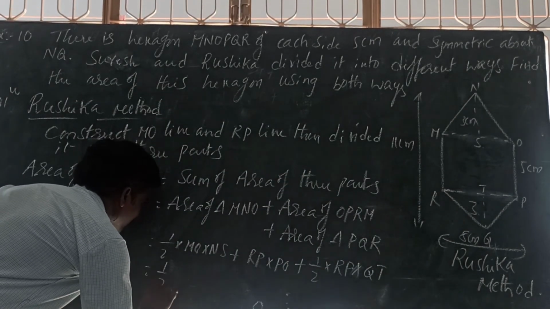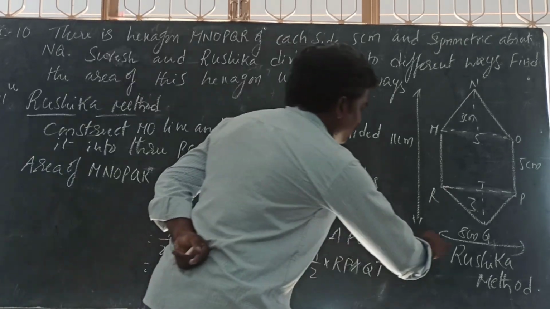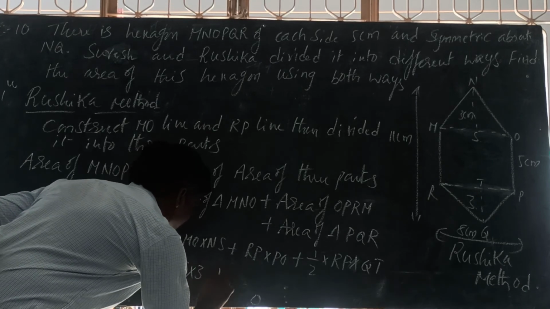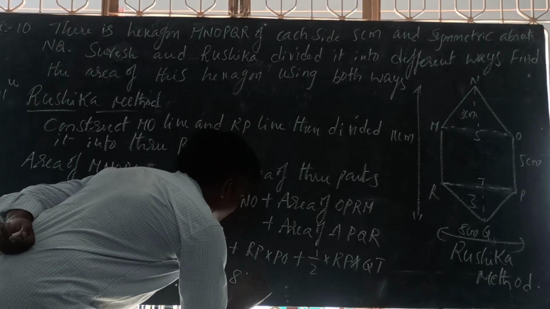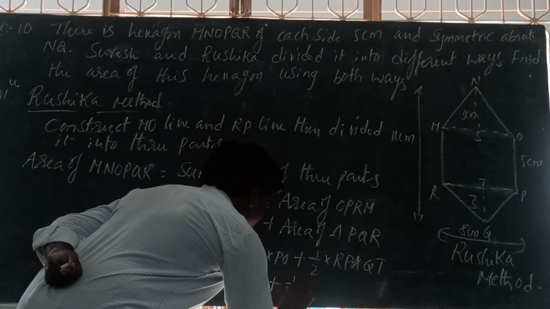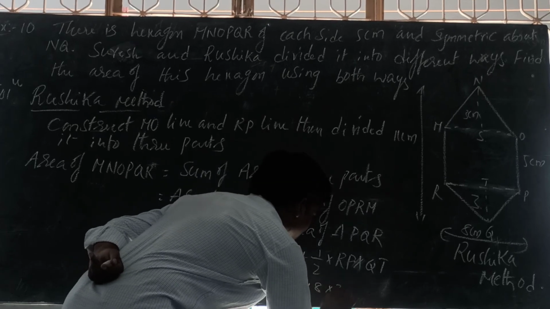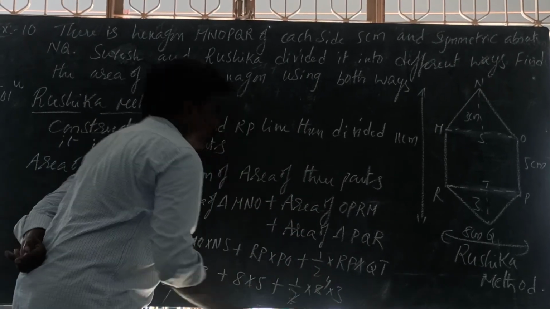So that is half into MO, the total length, 8, into height 3, plus length 8 into breadth 5, plus half into length 8 into height 3. So 2 ones are 2, 2 fours are 8.